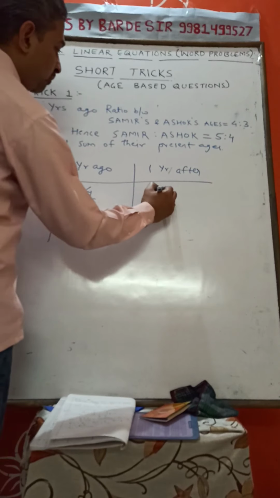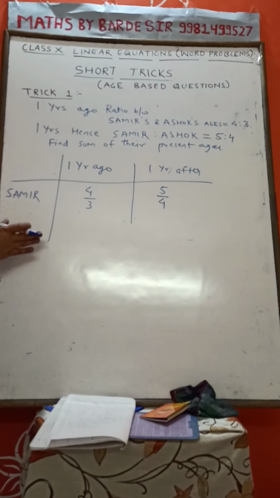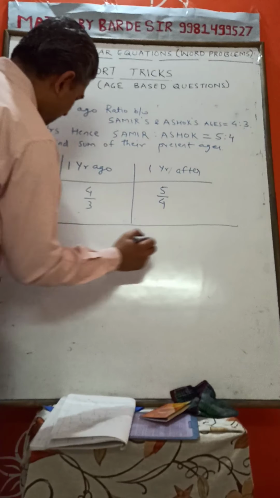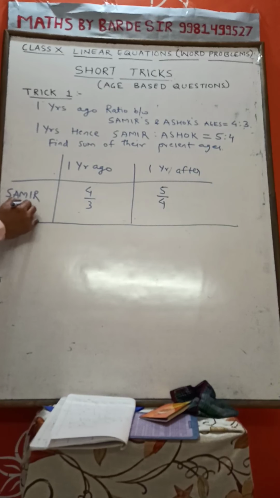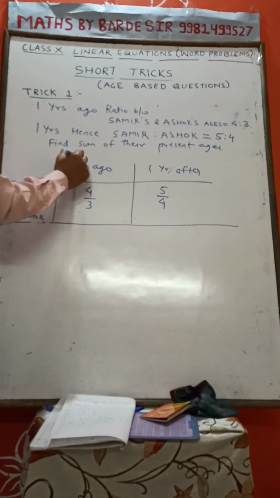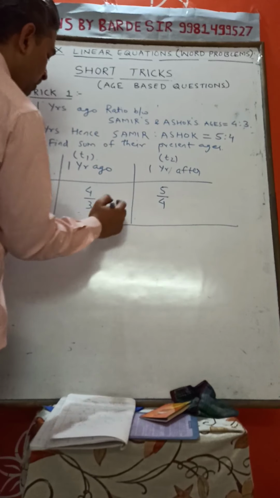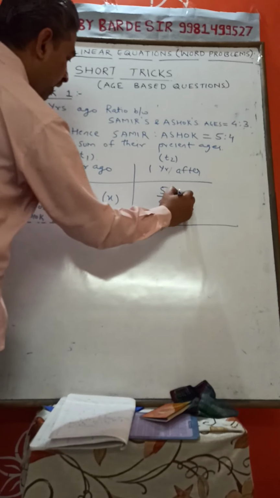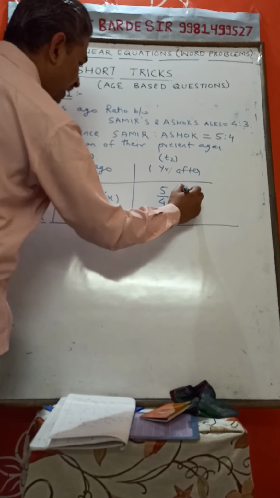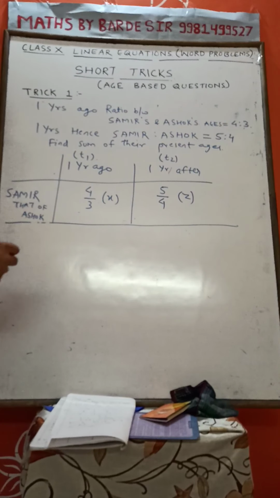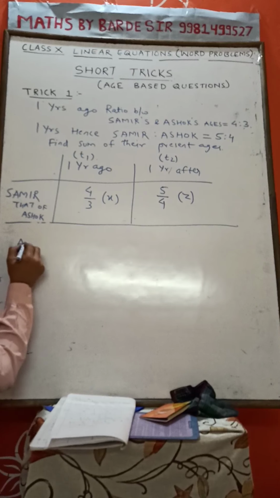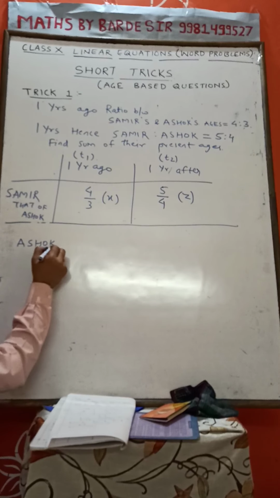Ratio is 5:4, so I'll write here 5/4, Samir to Ashok. So when we solve, see this is T1, this one is T2, this is X, and this one is Z. So according to this, we'll directly get Ashok's age.